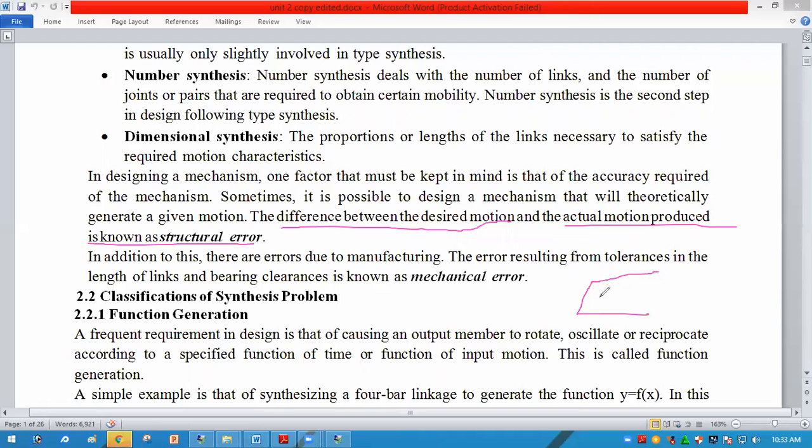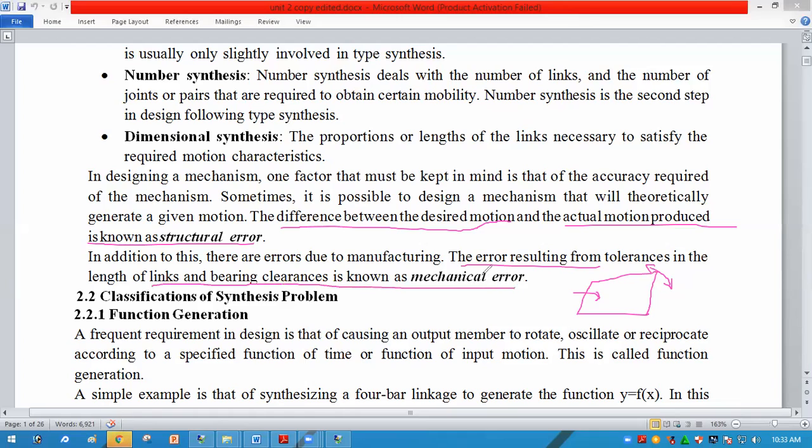For example, in the 4-bar chain mechanism, the input is a rotary motion, and the desired motion is an oscillating motion, between 20 degrees and 70 degrees. This is the desired motion, but the difference from the actual motion produced is known as the structural error.